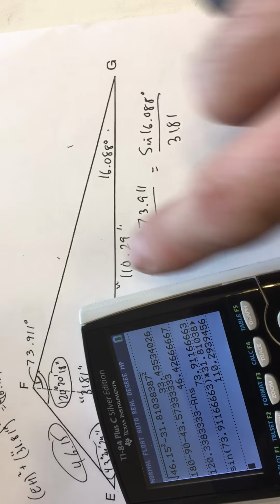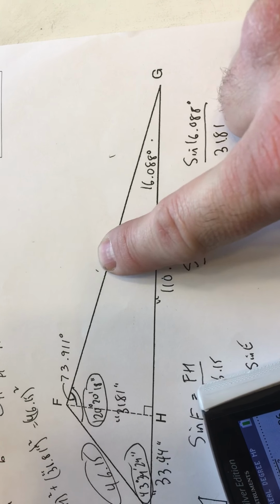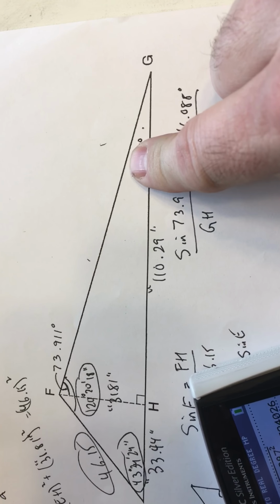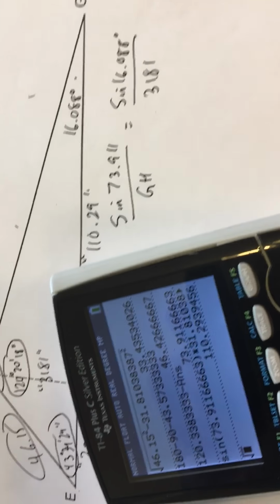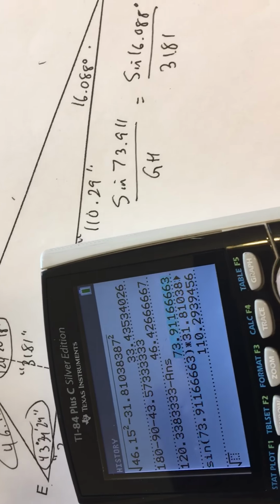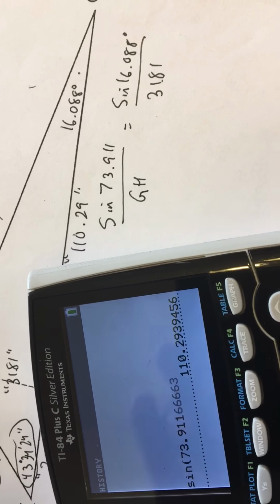So I'm going to go 31.81 squared plus 110.29 squared equals c squared, or FG squared. And I'm going to let my calculator do the work again. Square root of 31.81, which I'm going to go hunting for. There it is.